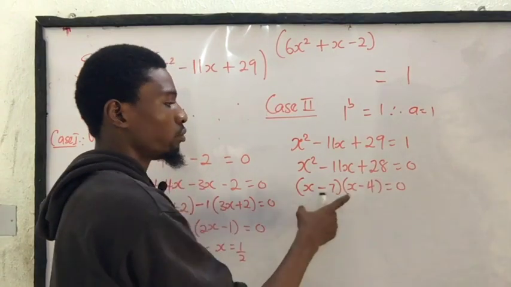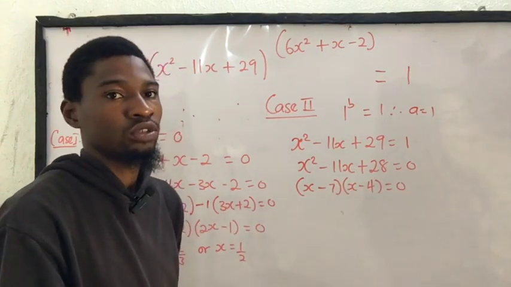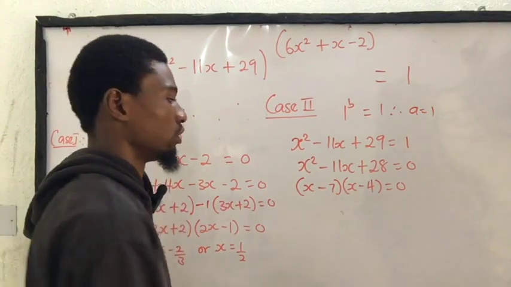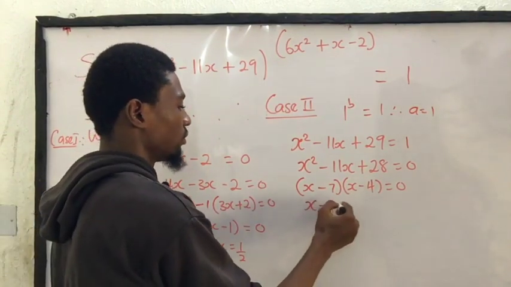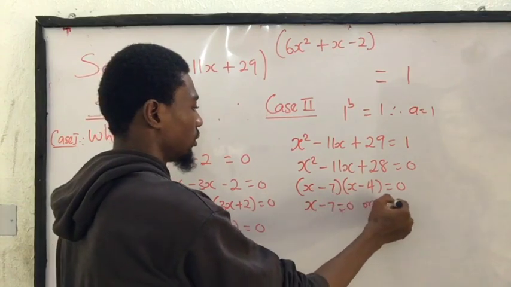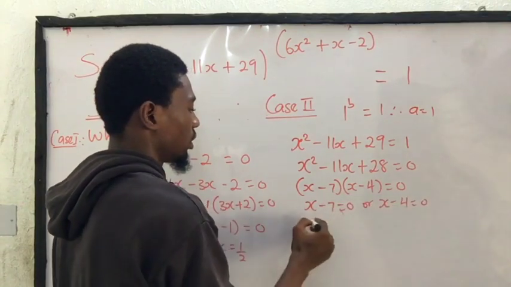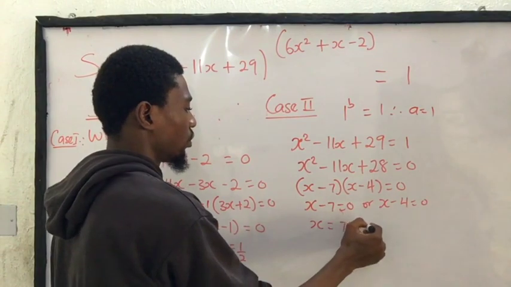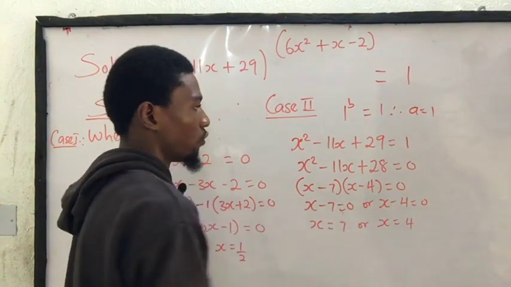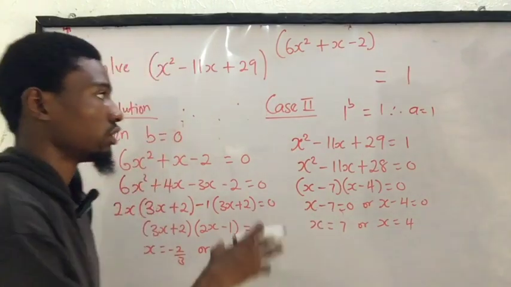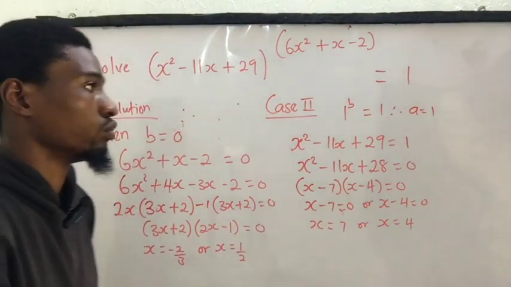So for product of two factors to be 0, one of the factors must be 0. So x minus 7 is equals to 0, or x minus 4 is equals to 0. Then you have x to be 7, or x equals 4. So this is for the case 2.